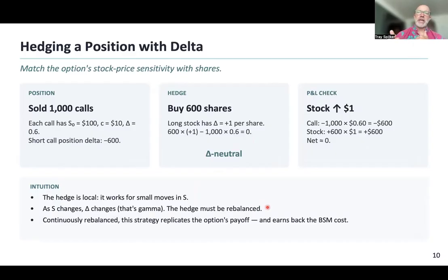But as the share price changes, then we have to rebalance the hedge. Okay. And if we continuously rebalance this hedge, then the strategy will fully replicate the option's payoff and approximate what the Black-Scholes-Merton model says that the option should be worth. Okay. So that's the whole story of dynamic hedging.